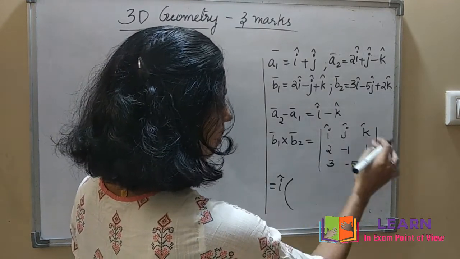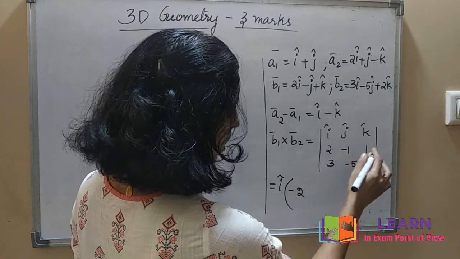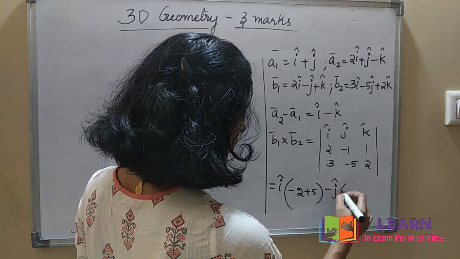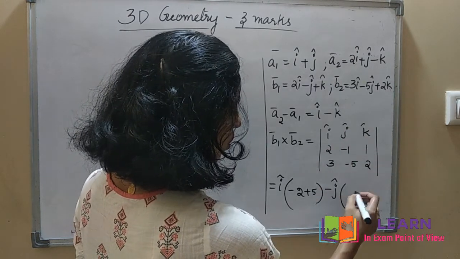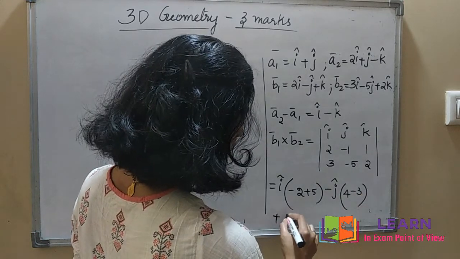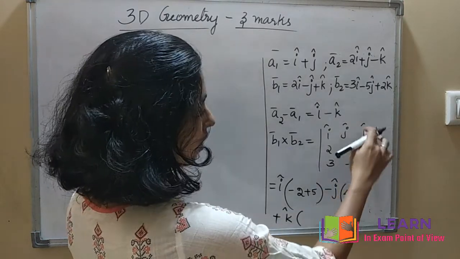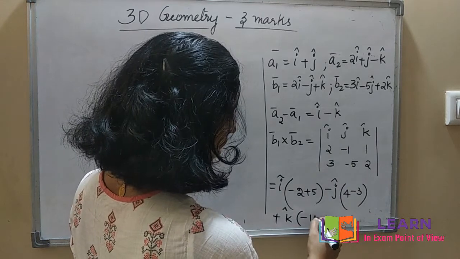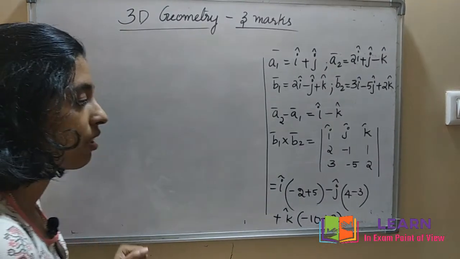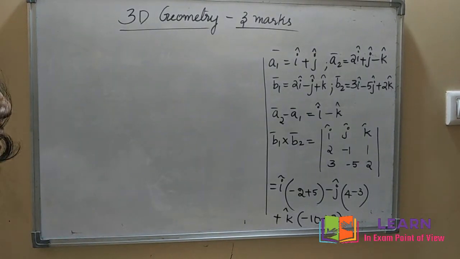For the i cap term, this and this will go: minus 2, minus plus 5. Then the next term is minus j. This and this will go: 4 minus 3, right? Then last plus k. This and this will go: here we have minus 10 plus 3. So what will be the value?